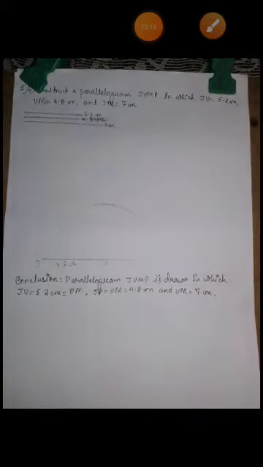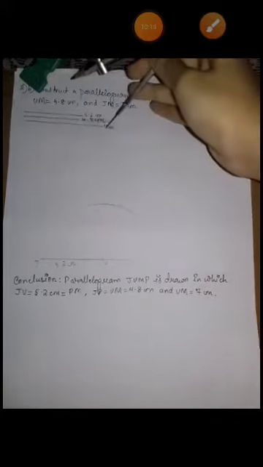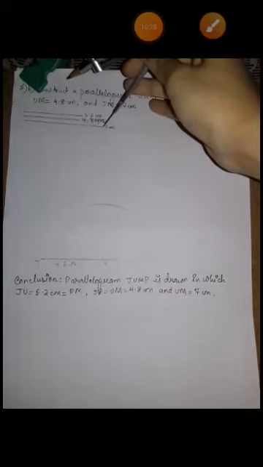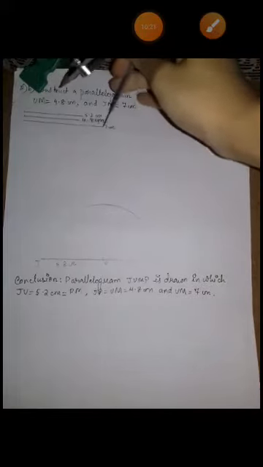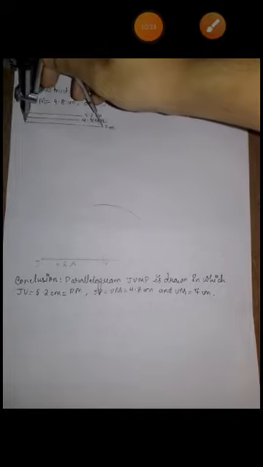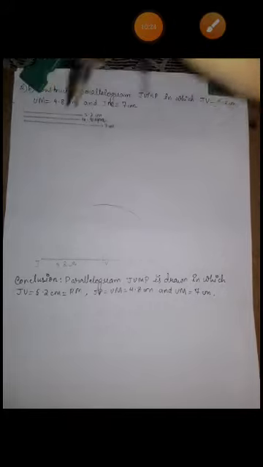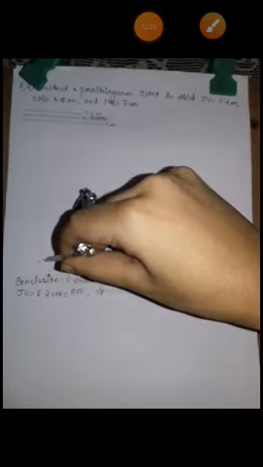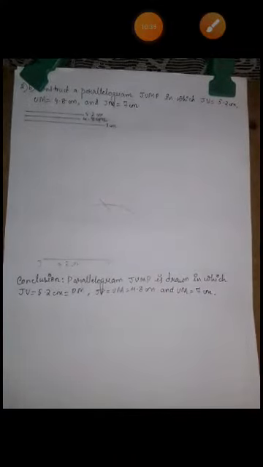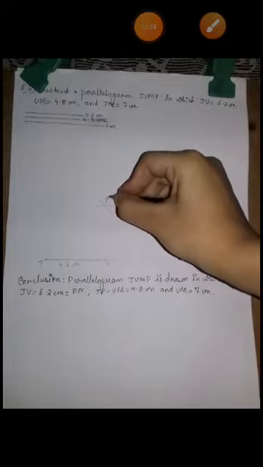So again you are cutting JM, that is 7 centimeter. You are placing the compass over here, taking the measurement, placing the compass over here, then cutting the arc. Alright. So finally you are getting the vertex M.